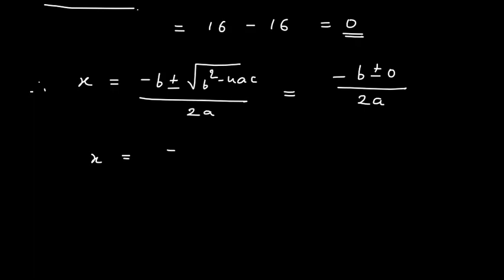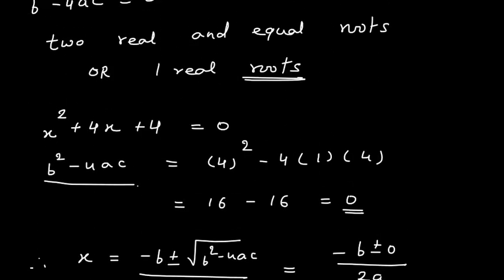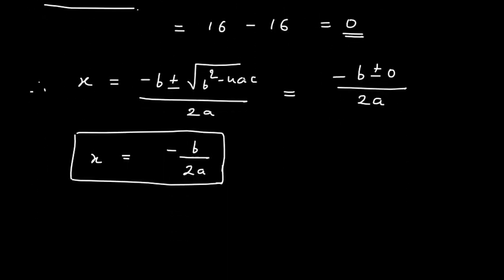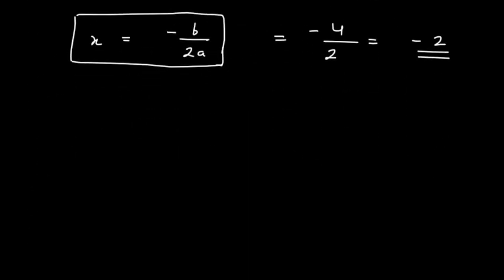So x is equal to minus b upon 2a. So you got a single root. Minus b means minus 4 in this problem, minus 4 upon 2 into 1, so minus 2 is the one root. So when b square minus 4ac is equal to 0, we get one real root.